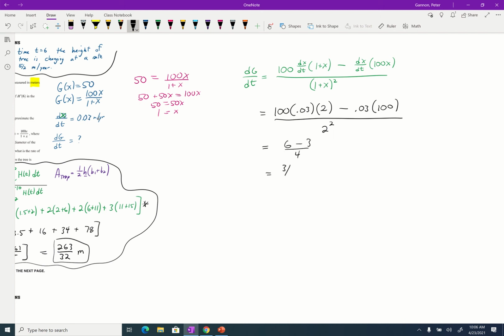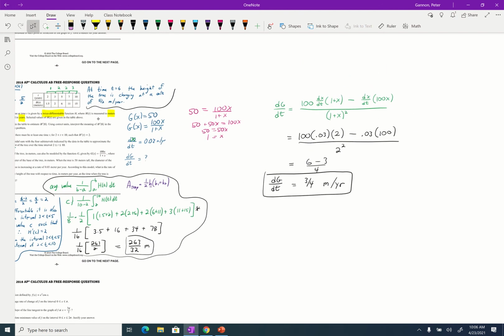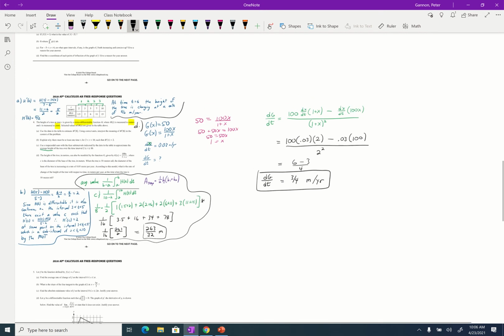You get 3 over 4. So dg dt is going to be 3 over 4. So the rate of change of the height of the tree is 3/4, and it's meters per year. All right, and that is how you would go about finishing part D of that FRQ. Again, you have to recognize that it's a related rate problem and set everything up correctly.